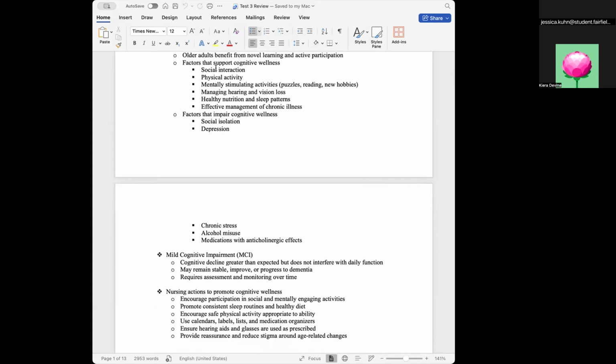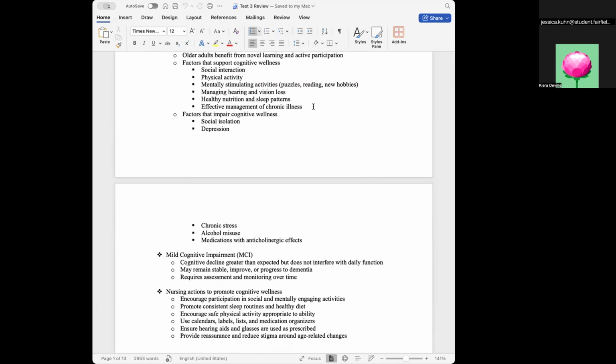Factors that can support cognitive wellness. This is all very basic, common stuff that you guys already know. Social interaction, physical activity, mentally stimulating activities. Managing your hearing and vision loss, which is a big one. There are actually studies that show that hearing and vision loss can potentiate early onset dementia. And effective management of chronic illnesses.